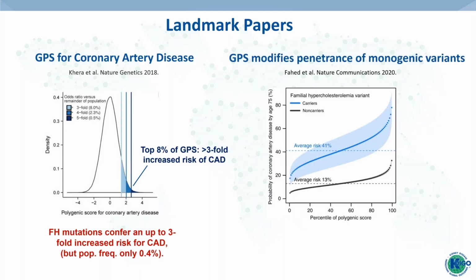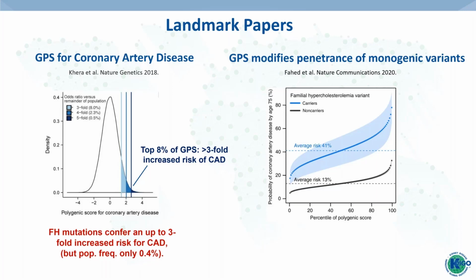The second important paper I want to mention is that polygenic risk score could potentially modify the penetrance of monogenic variants. And just sticking with the CAD example, here's the effect of polygenic risk score as a function of being a carrier for familial hypercholesterolemia. And you can see that the carriers of familial hypercholesterolemia variants have a spread of risk that is dependent on the percentile of polygenic score.